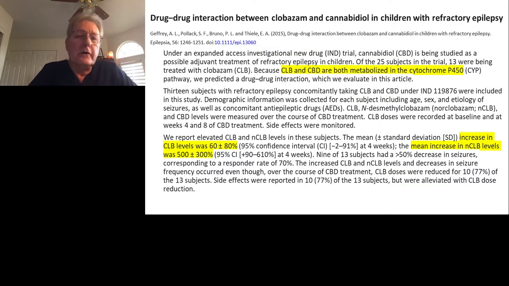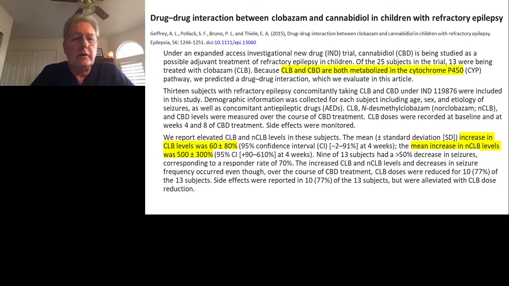Now, another significant drug interaction with cannabis is with clobazam, which is an anti-seizure medication for treatment-resistant cases.